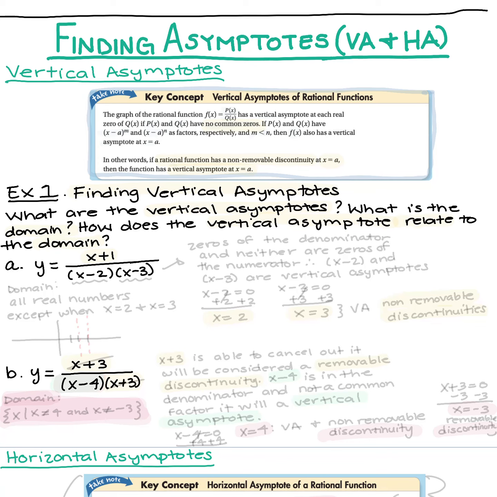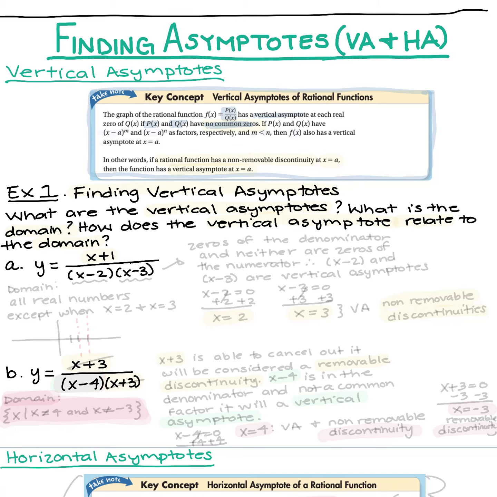So the graph of a rational function, right? P of x over q of x. This is obviously a rational function because it's a fraction. You are going to have a vertical asymptote when P and Q have no common zeros. Okay, so they cannot have a common zero.